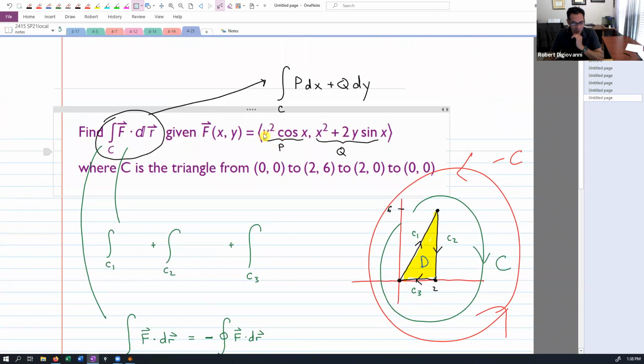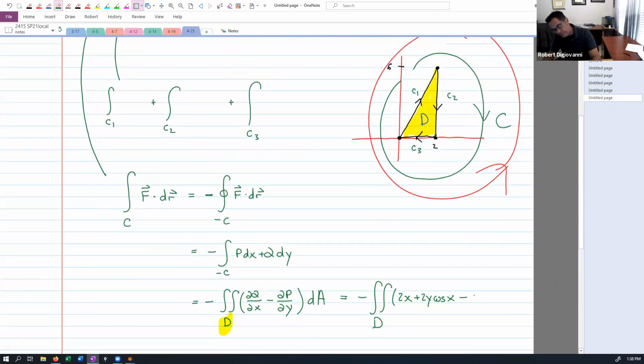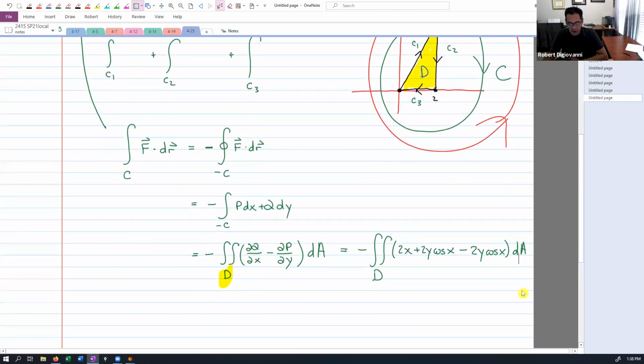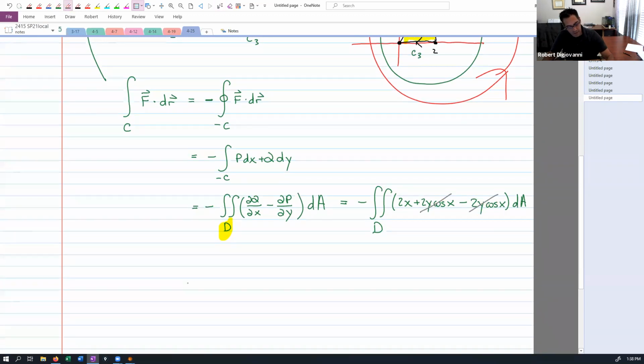We should get 2y cosine x dA. Do y'all see how nice this is? You see those cancel? So now we have this negative double integral over D of 2x dA.